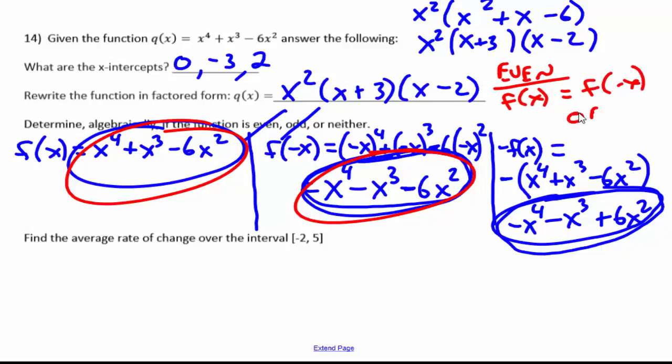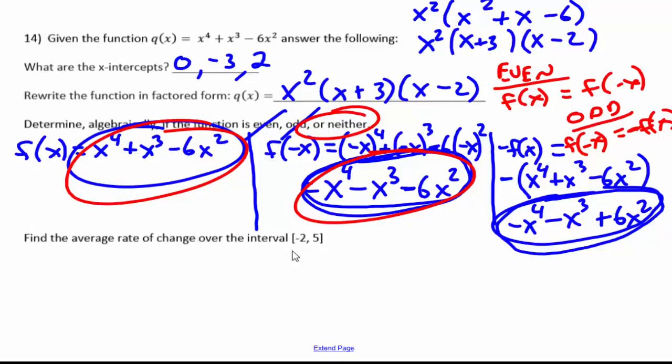To be odd, f of negative x equals negative f of x. All right, so this is neither, and you could show y. All right, and this shows y as well.